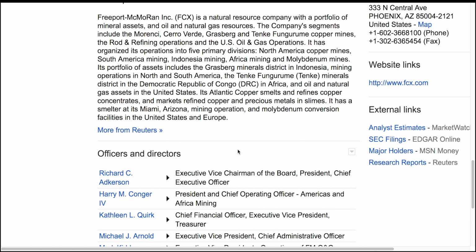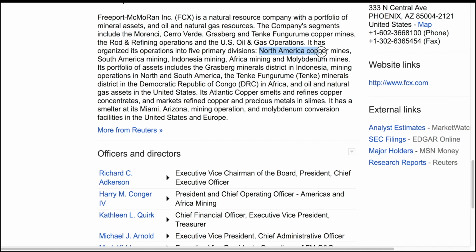For example, consider a company like Freeport McMoRan, which trades with the symbol FCX. This is a natural resource company, and they have mineral assets and oil and natural gas resources. So it's a global company with 5 primary divisions.